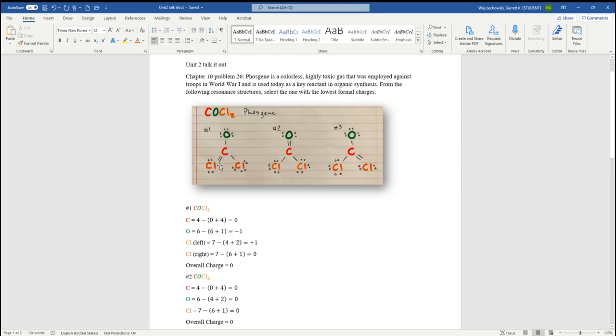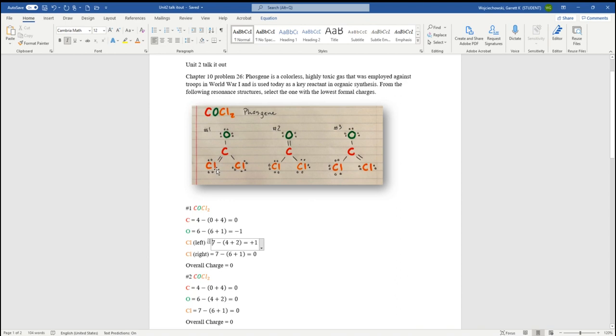Moving on to the chlorines. The chlorine on the left this time is the one with the double bond. That is why we have to distinguish left and right, because these are 2 different components. They may be the same element, but they have different bonds and different amounts of non-bonding electrons. Chlorine has 7 valence electrons.